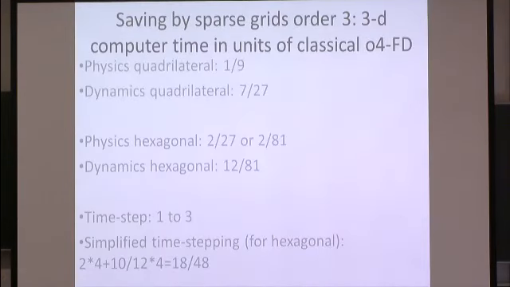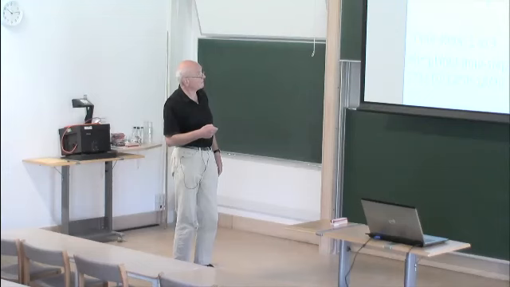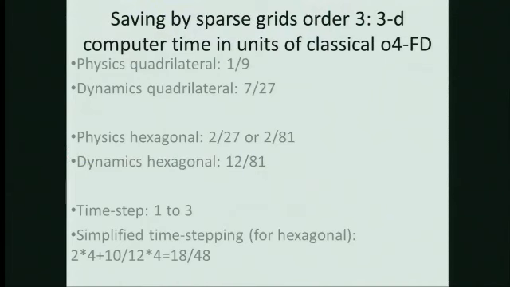And I want to point out the saving which is possible. You save on the physics because you do the physics probably only at the main points. Potential saving is 1/9. You could have 1/27 in this quadrilateral case if you do it also in the vertical.